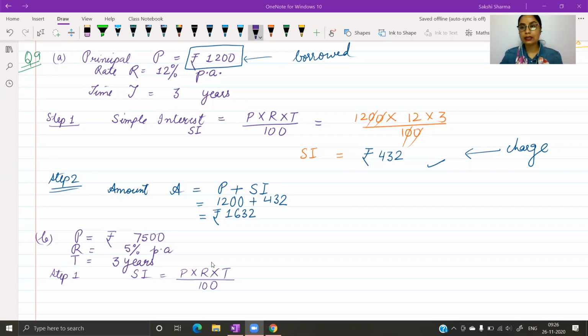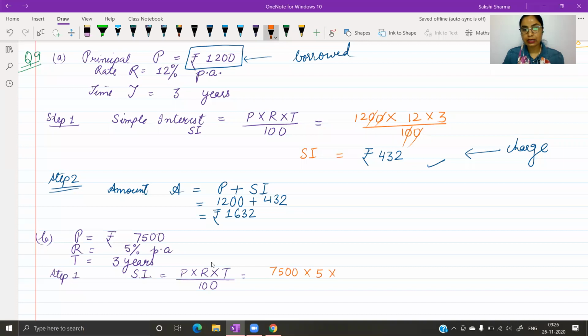I have only written representations. Capital P means principal, capital R would mean rate of interest, capital T would mean time. So you don't have to write that down. You can simply write down PRT and then simple interest given by this formula.